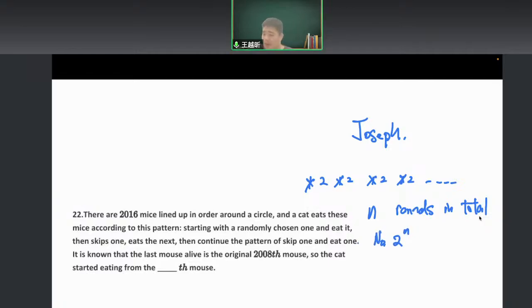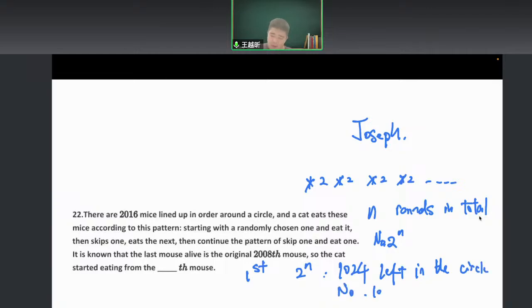For this question, we can assume that we start from the first. If we start from the first, which mice will be the last one remaining? This is the part you can calculate. The closest 2 to the power of n is 1024. So that means if we have 1024 mice left in the circle, the number 1024 will be the last one remaining.